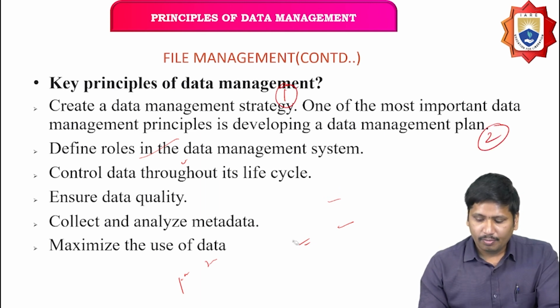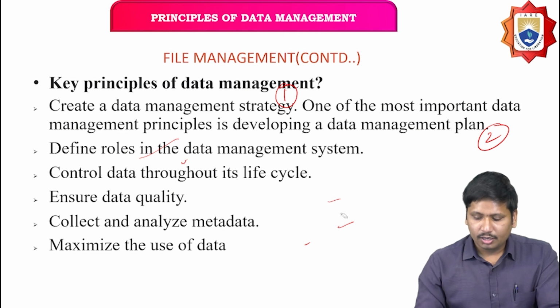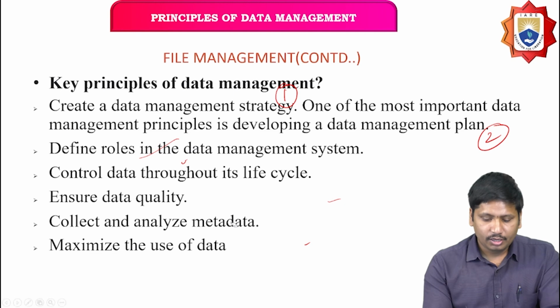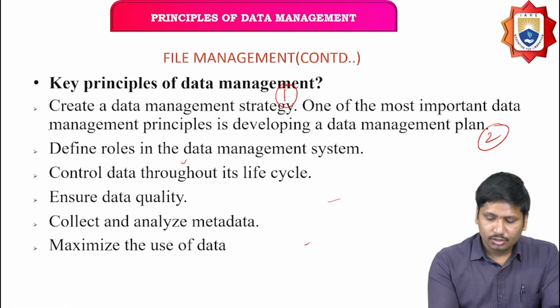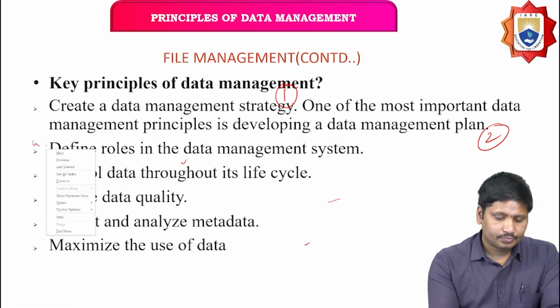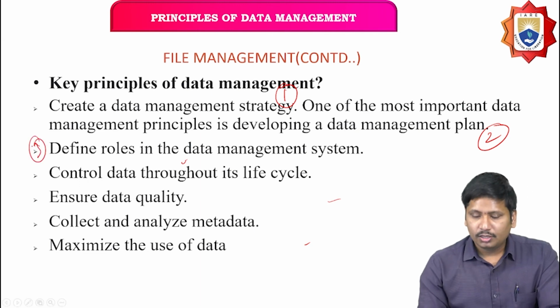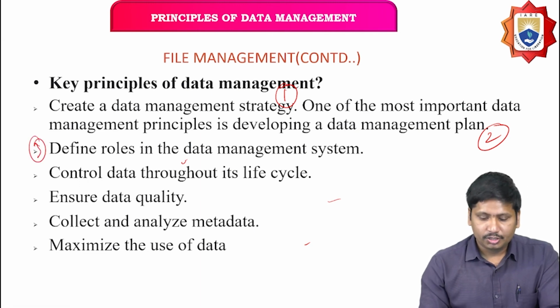Once the data plan is planned properly, then we have to define the roles here. So this is the third step. The third step is data management roles. What are the various roles that are going to be created for data management?